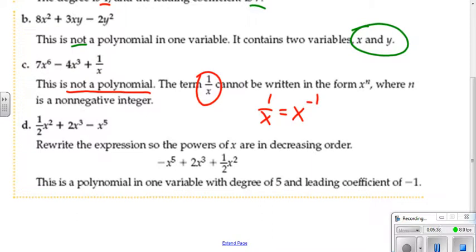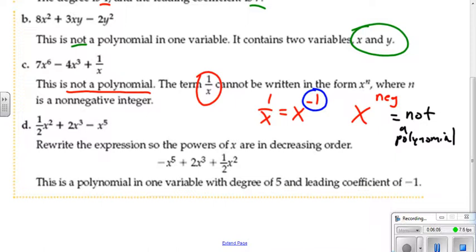So you would think, oh, that's just another power of x. But this negative 1, we can't have an x power that is negative. If it's x to a negative power, that means not a polynomial. So anytime it's x to a negative power, no longer a polynomial. So C is just not a polynomial.